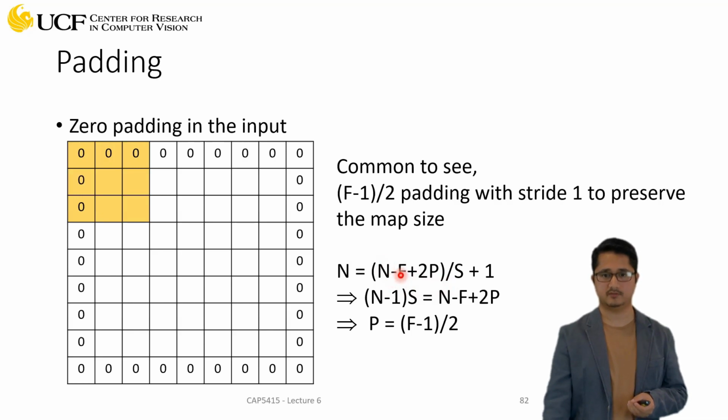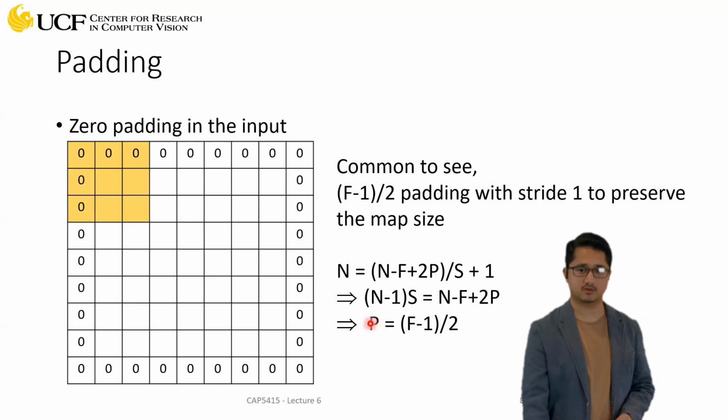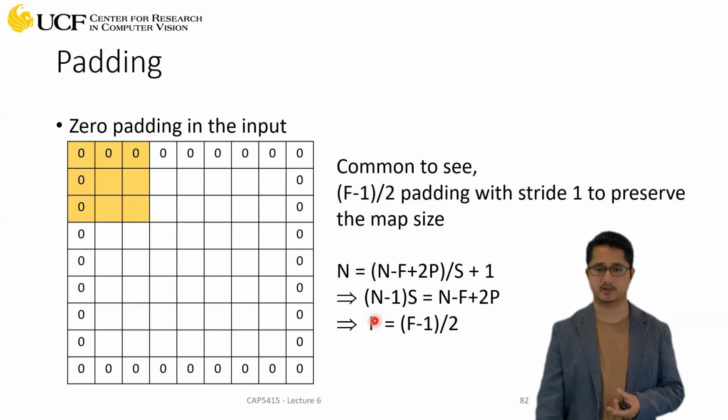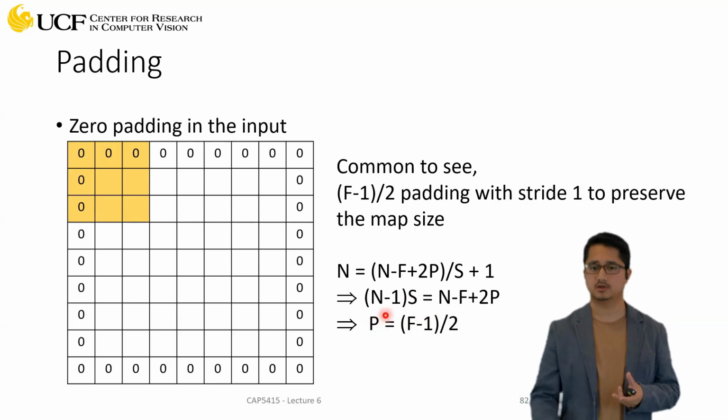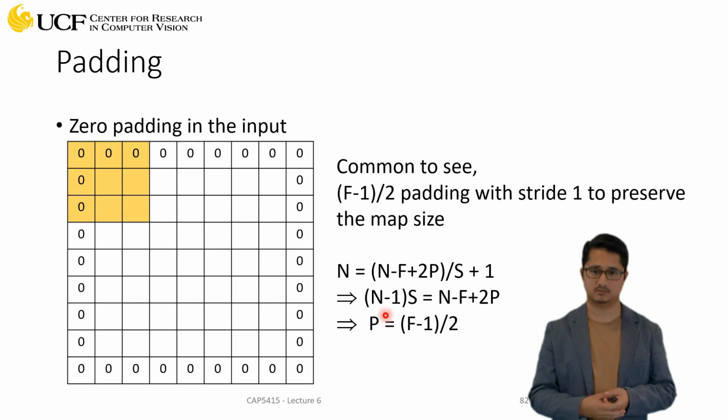You will have n, you will have f, you will have s. You just need to find the value of p. So this is just basic mathematics, and p is equal to (f minus 1) over 2. So depending on the size of the filter, you can figure out how much padding is required for this kind of activation map if we want to preserve the volume.